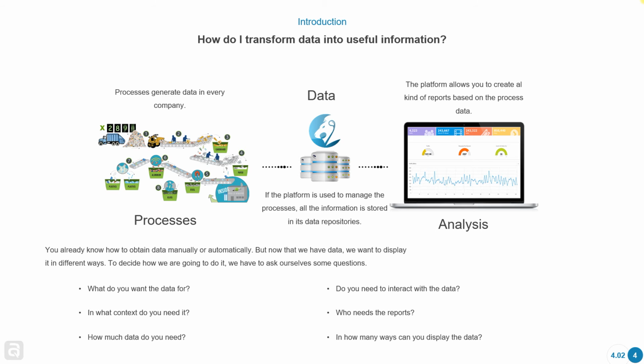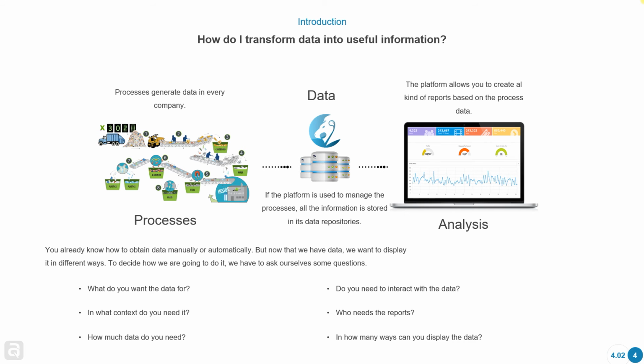It's very important to take into account who's going to be seeing this data and what they're going to do with it. For example, do they need to interact with it? Maybe it's a very advanced user with a lot of skills, like high IT skills, or maybe he's a broker that wants to make investments online. So he might be able to work very comfortably with a very advanced dashboard with a lot of data, with a lot of reports.